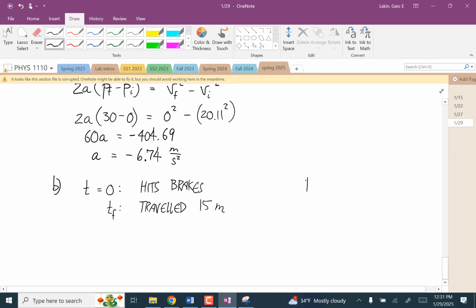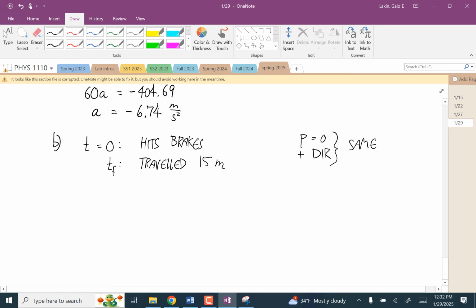And my P equals 0 and my positive direction are going to stay the same. There's no reason we have to change those. So now we have to think, if you keep those two the same, then everything you knew before, you know again. Or if you keep all four of them the same. But we've changed one of them, so we should think about this again. Okay, so we don't know how long it takes.